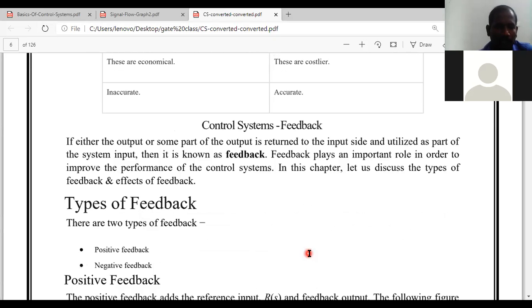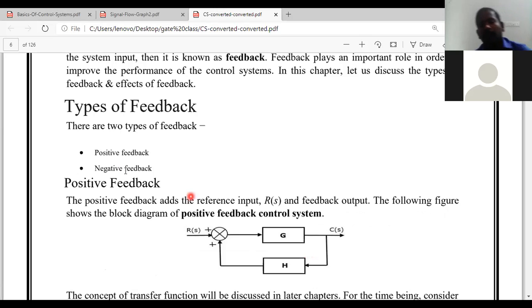So, types of feedback: positive feedback and negative feedback. Positive feedback means the input signal and feedback signal will be added. Here you see a representation of a closed loop control system. R of S is the Laplace transform of input, and C of S is the Laplace transform of output.